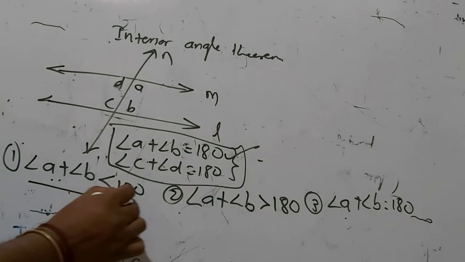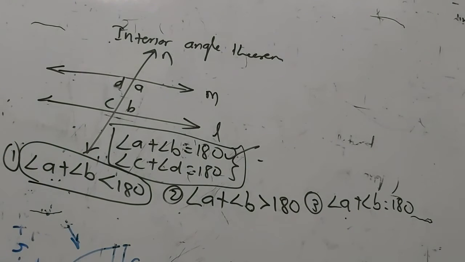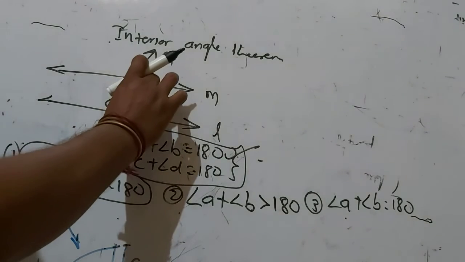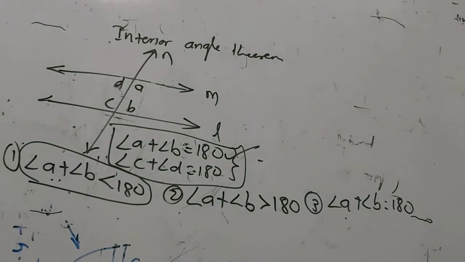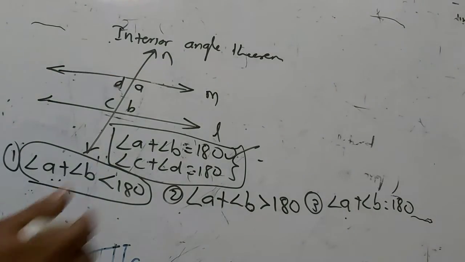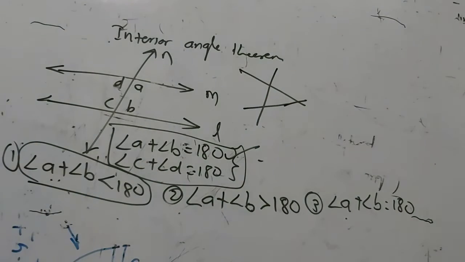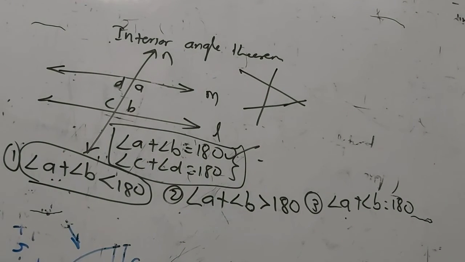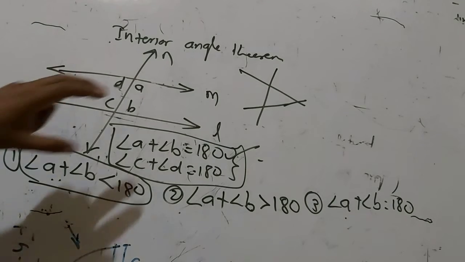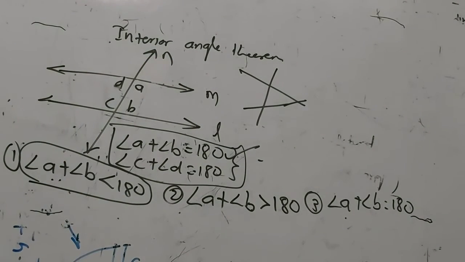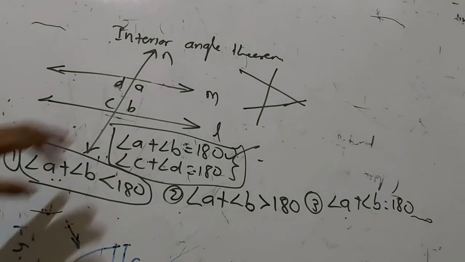First we will consider angle A plus angle B is less than 180. By Euclid's postulate, if the sum of these two interior angles is less than 180, then the lines will intersect each other, meaning the two lines are not parallel.